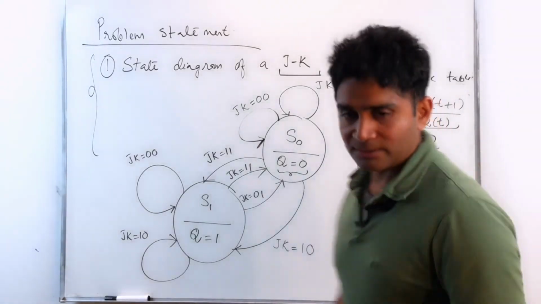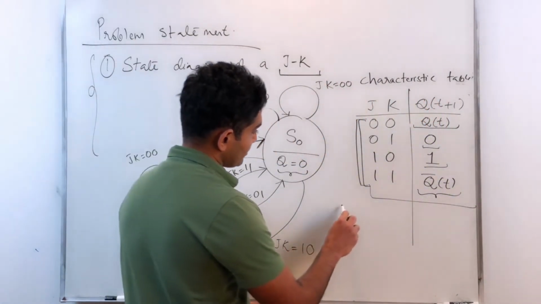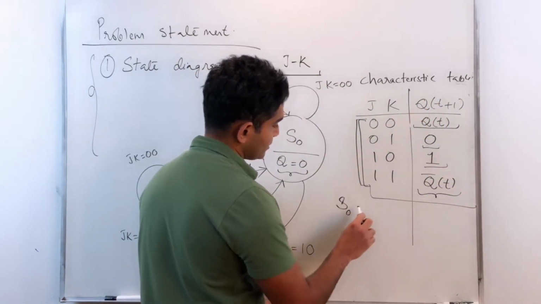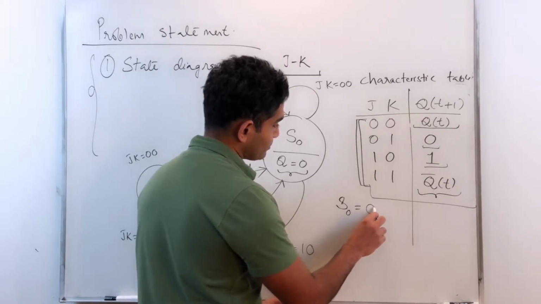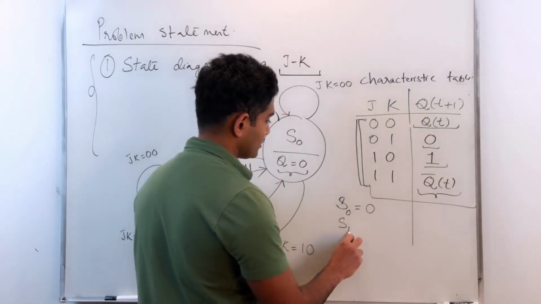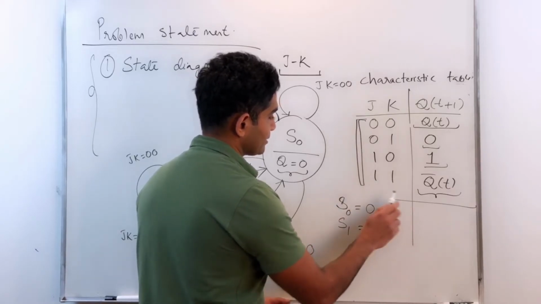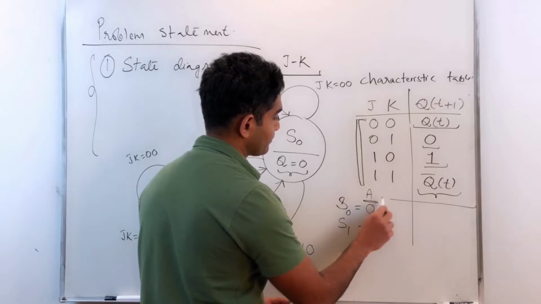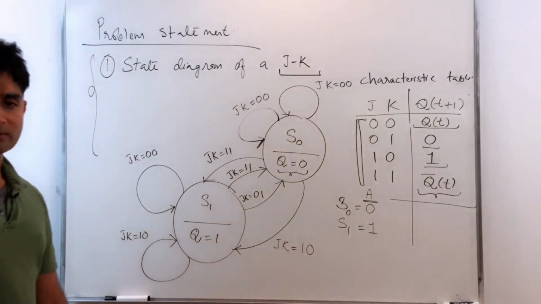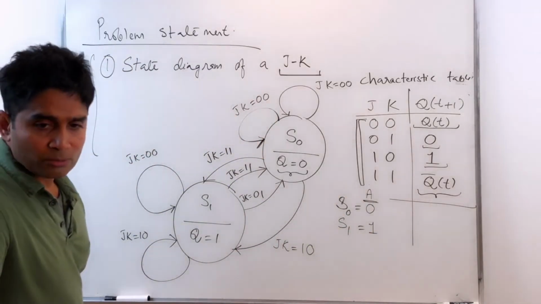Okay. So in this case, I have S0 encoded as 0, S1, let's say encoded as 1. Let's say my state variable here is A, because I have a single state variable. My S0 is encoded as 0, S1 is encoded as 1.